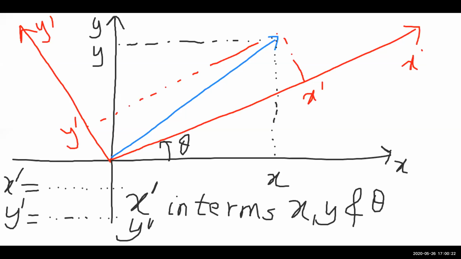No, x dash is not x upon cos theta. No. X dash is definitely not x upon cos theta.